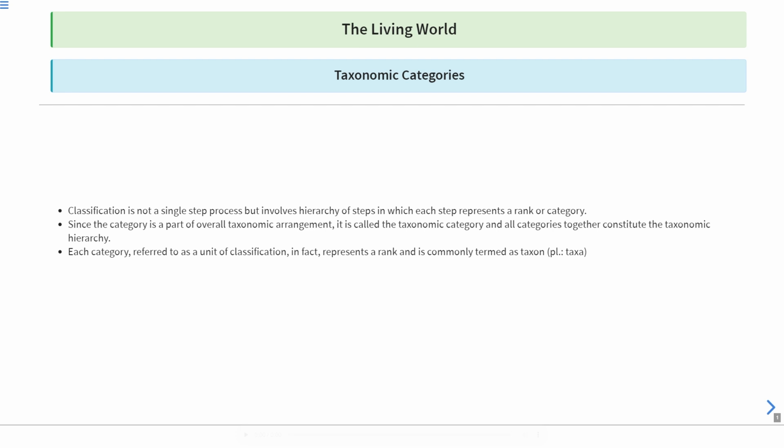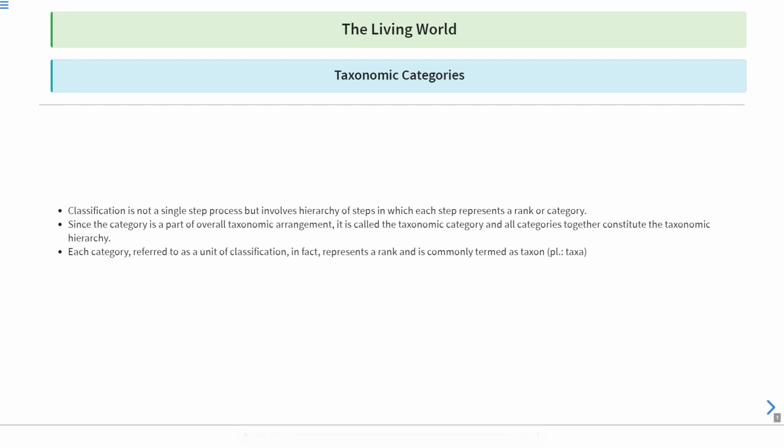Again, the taxonomic category is the rank or order at each step of the process of classification, and every rank or category has its own characteristics and arrangement. That is why it is called a taxonomic category.